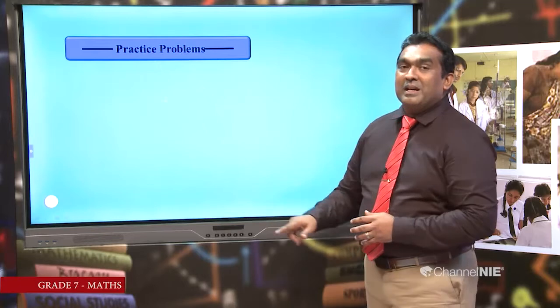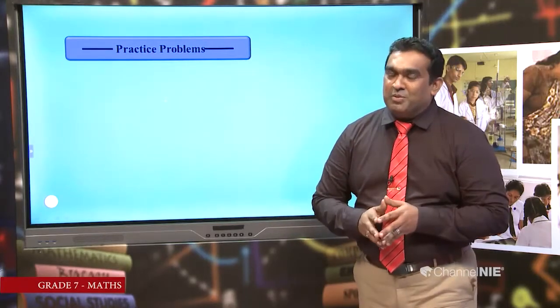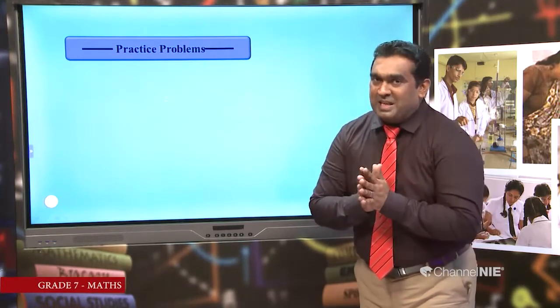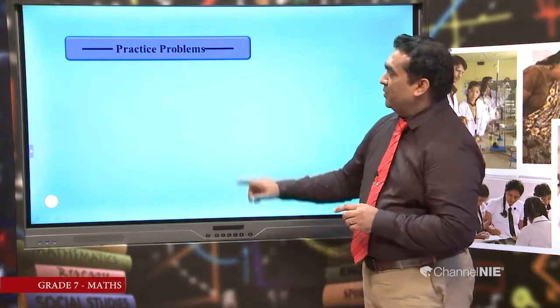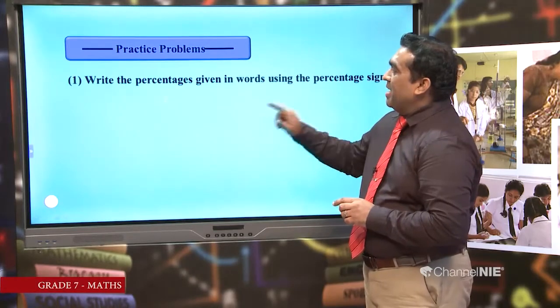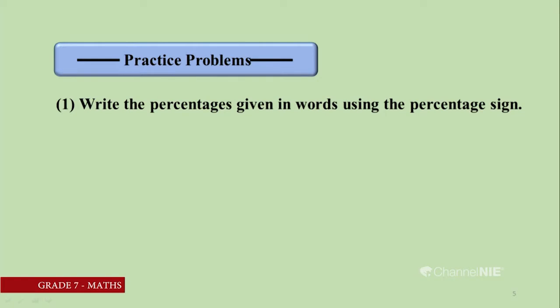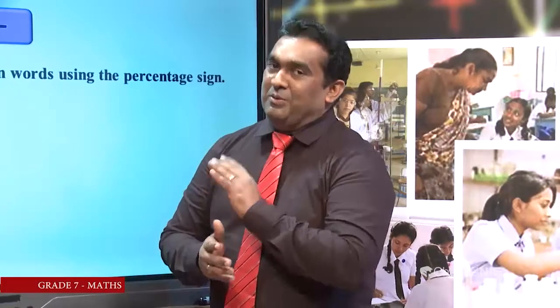Now, there are some practice problems. We can practice the concept of percentage. How? Write the percentages given in words using the percentage sign. Okay? 2 percent. As I told you, the percentage sign should be kept after the numerical value.